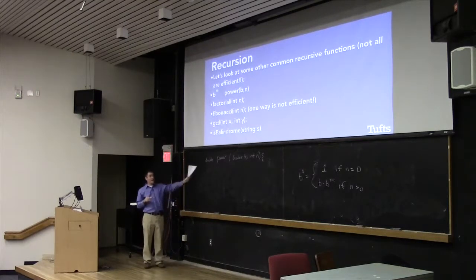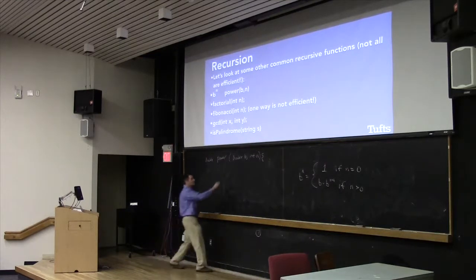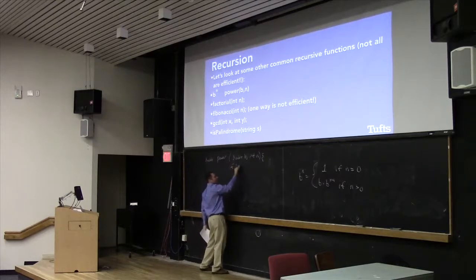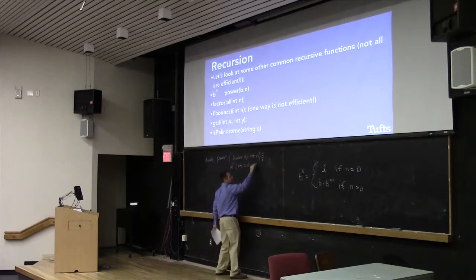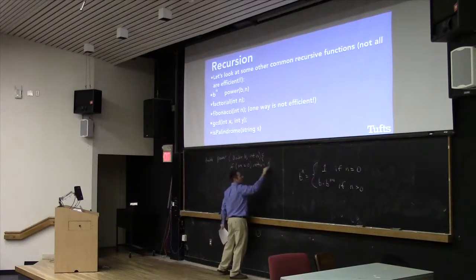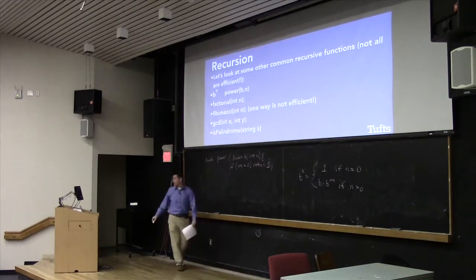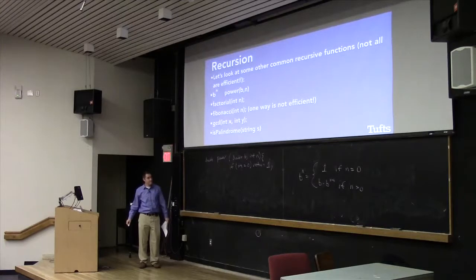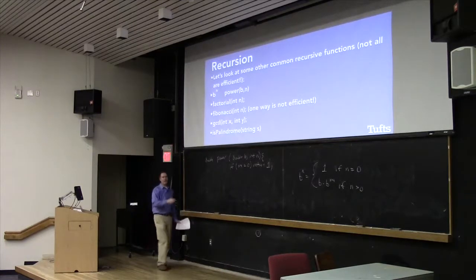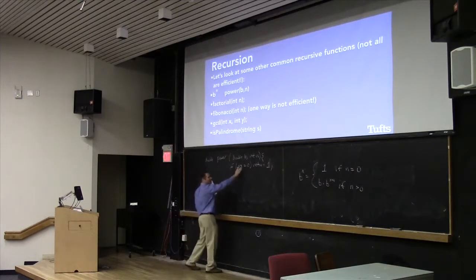All right, so in this case, we've got our function here. Let's figure out what it is. Well, look, if n equals 0, return 1. There's our base case. Otherwise, and we could have an else in here, you don't actually need it because it'll always return on that.